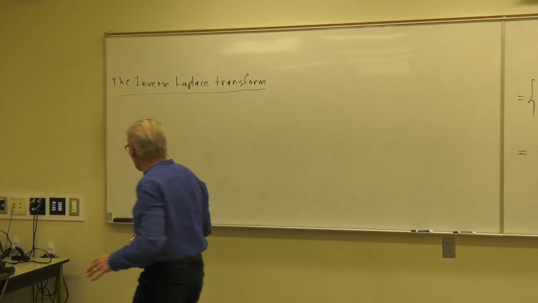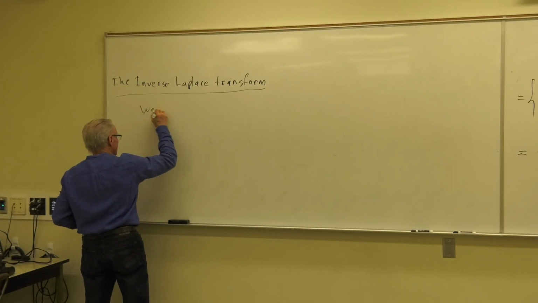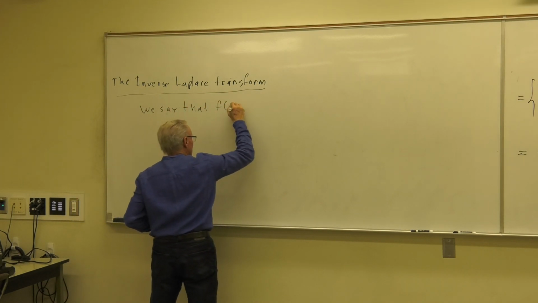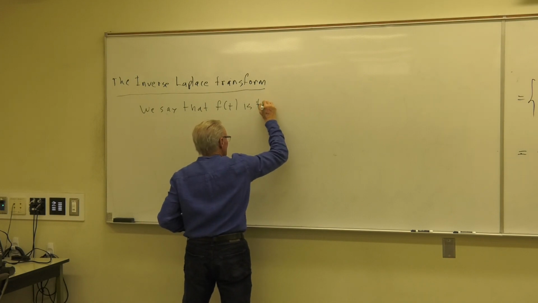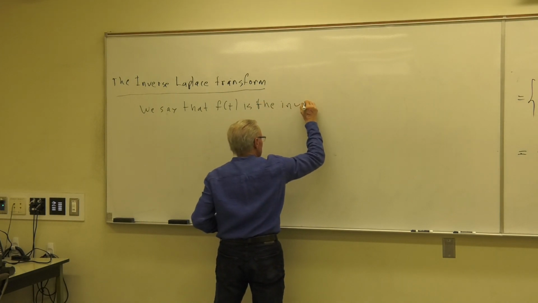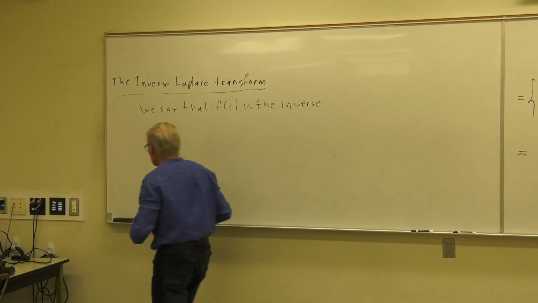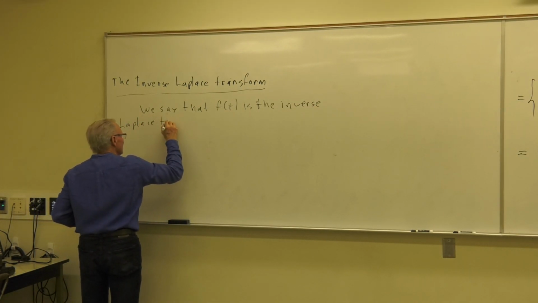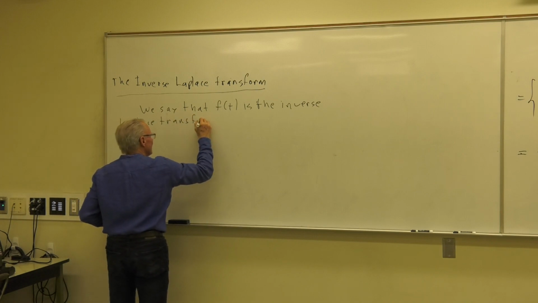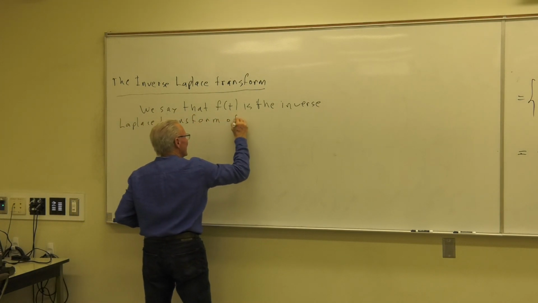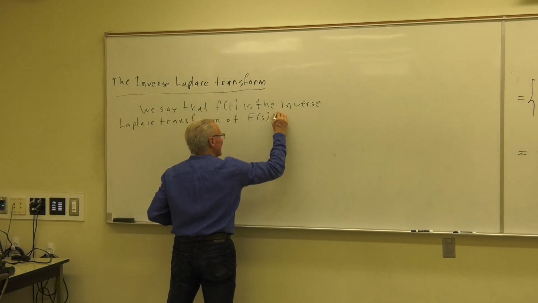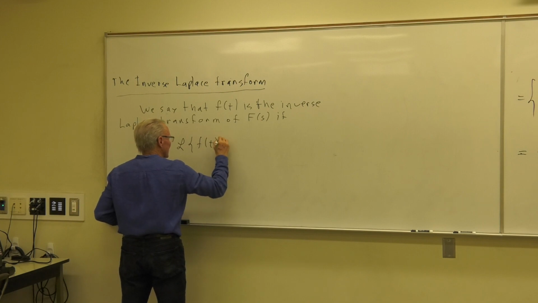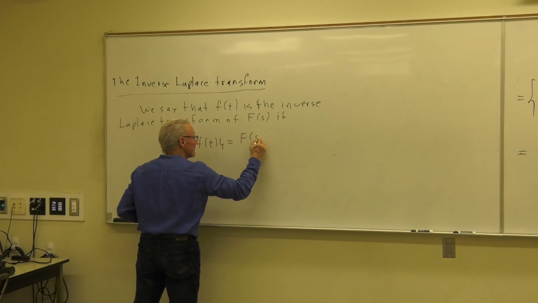Same idea here. We say that f of t is the inverse Laplace transform of f of s if the Laplace transform of f of t is equal to f of s.